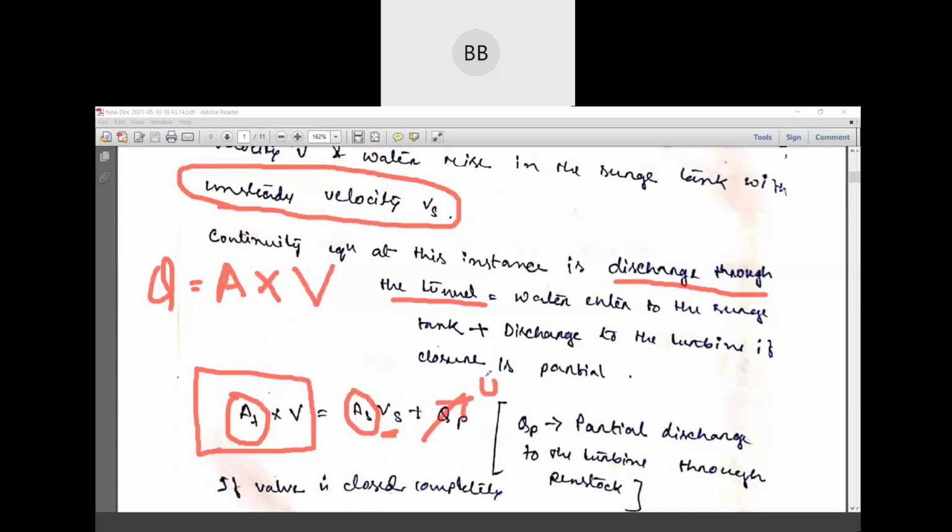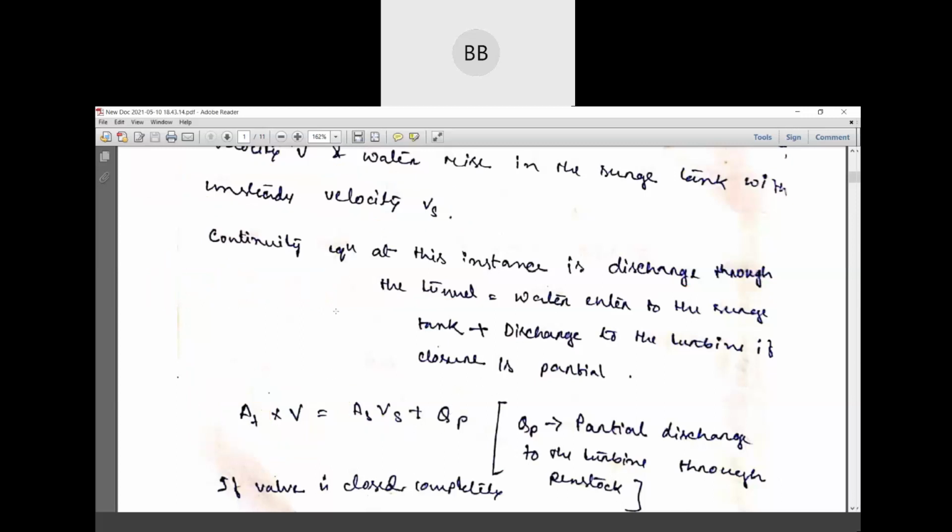If it is partially closed, there will be some amount of water flowing to the turbine in addition. So QP is your partial discharge to the turbine through the penstock, if the valve is partially closed. If it is fully closed, this QP will be 0.